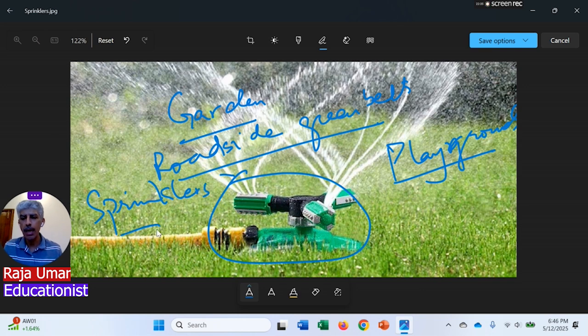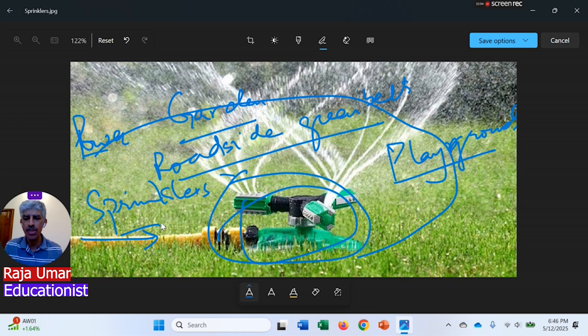Again, they need power, I mean electricity, to supply water through some motor, and it might be an expensive structure, as it sprays water not to far-off areas but to a smaller region.